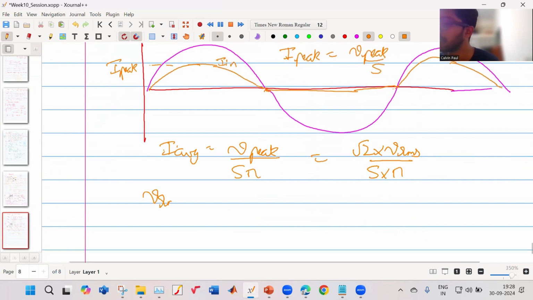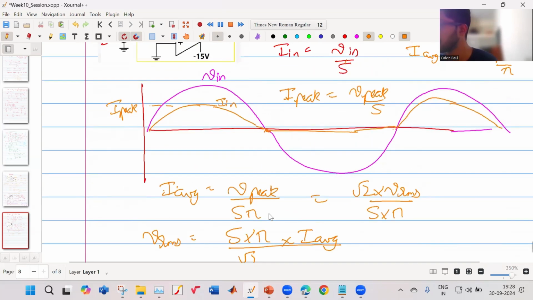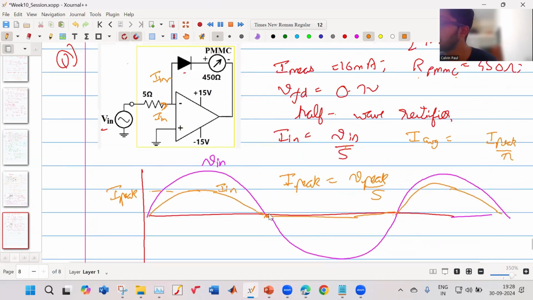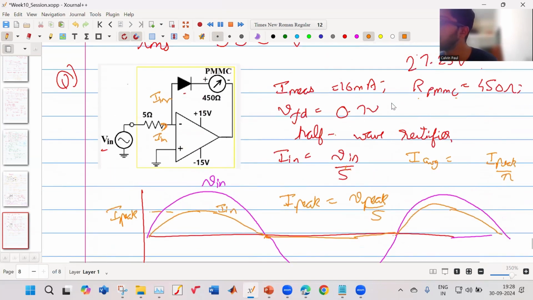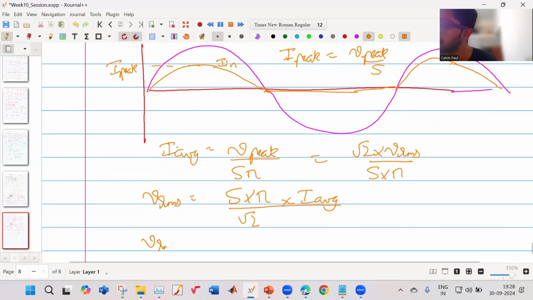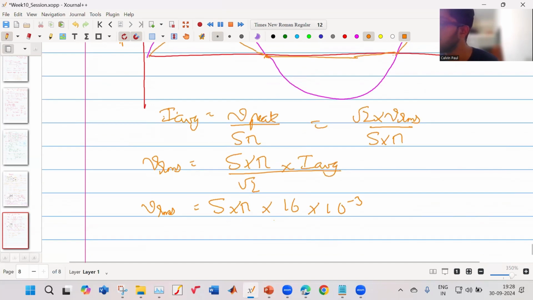So your VRMS is equal to 5 into pi into I average upon root 2. Your average current is 16 milliampere. So what is your VRMS? Your VRMS is 5 into pi into 16 into 10 to the power minus 3 upon root 2. Can you calculate how much it is?